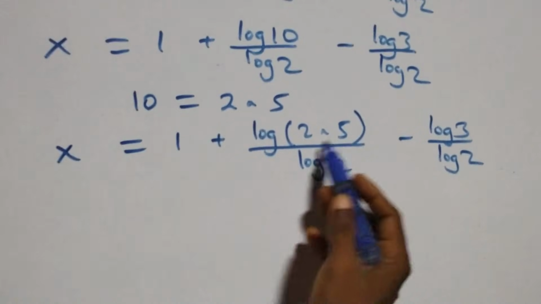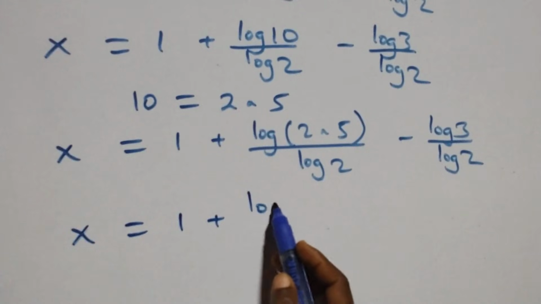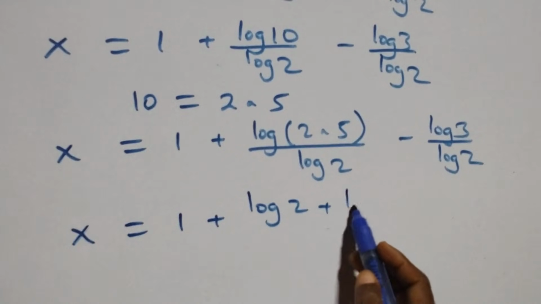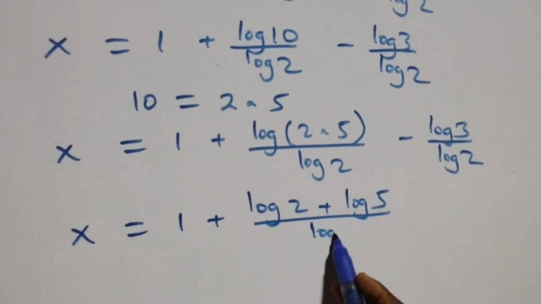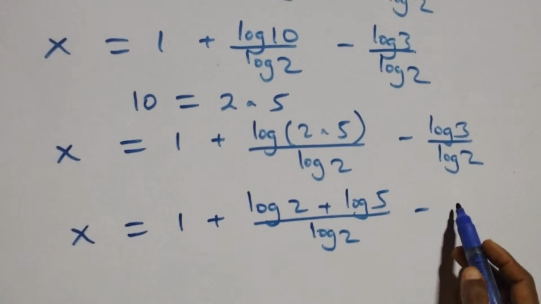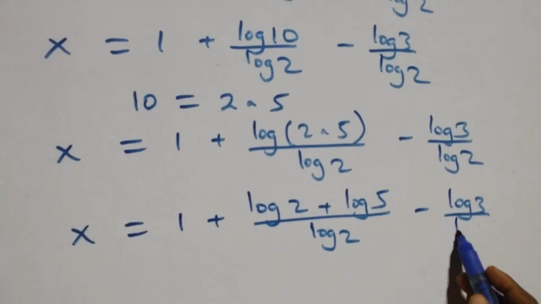Then this also follows the law of logarithm, and we have x equals 1 plus log 2 plus log 5 over log 2 minus log 3 over log 2.